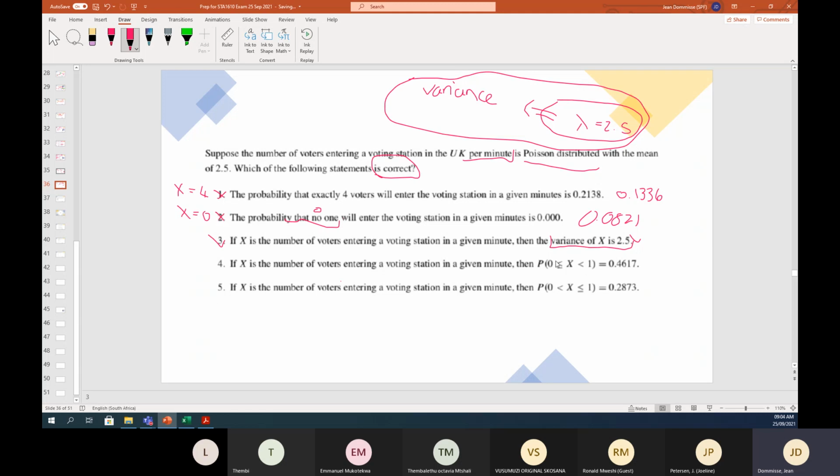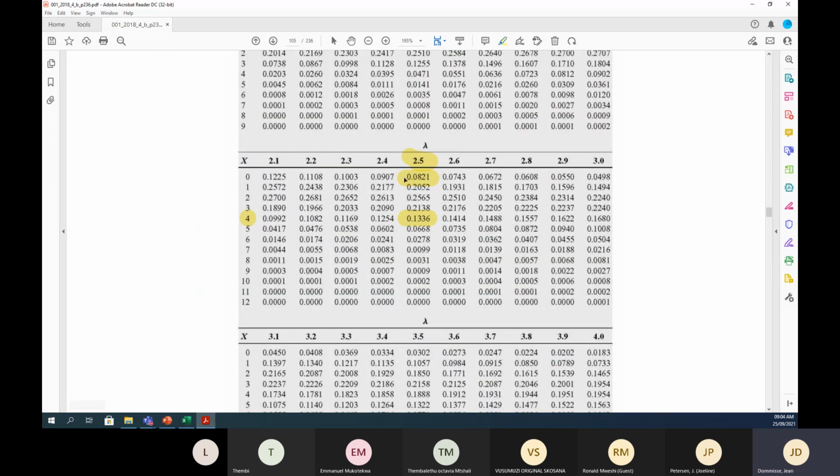Okay, so let's look at how we would have done this one. If X is the number of voters entering a voting station in a given minute, then X smaller than 1 and bigger than or equal to 0. We're not including 1, but including 0, so we're only looking at 0.